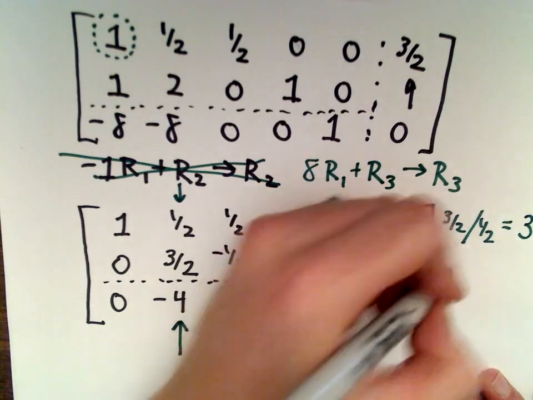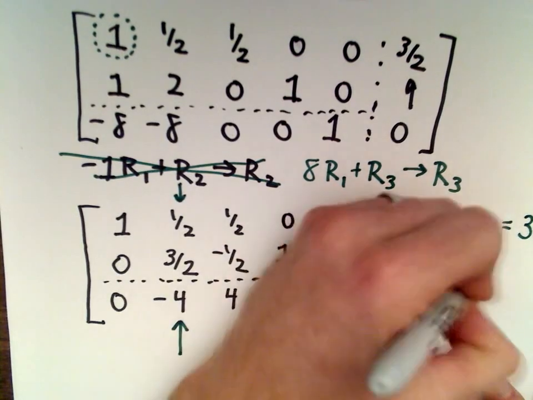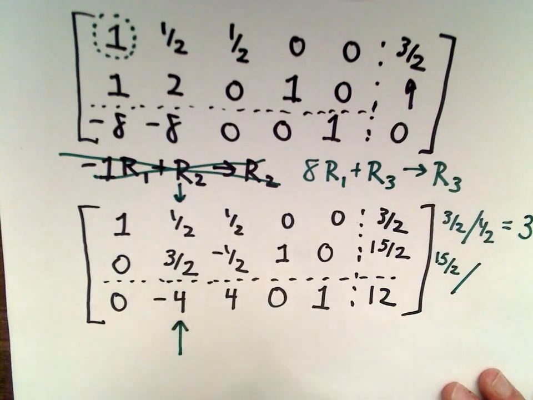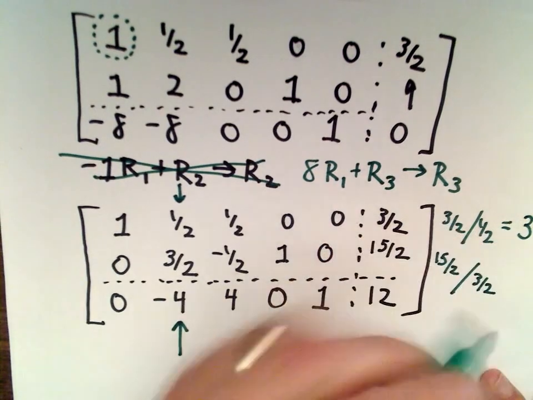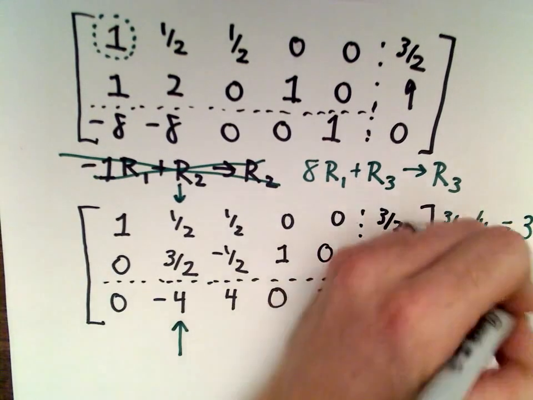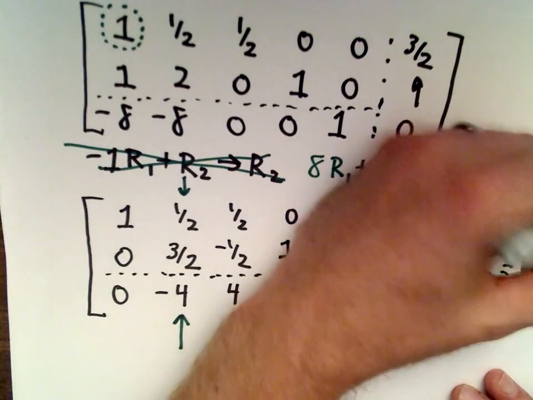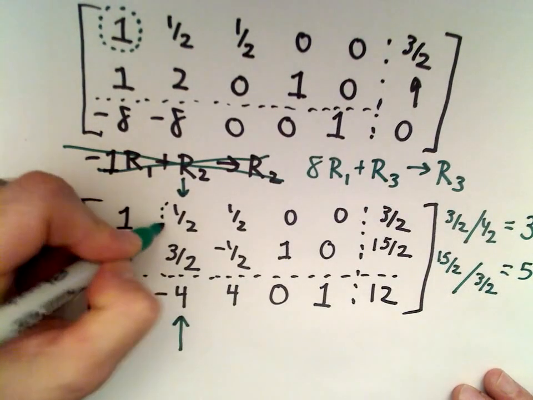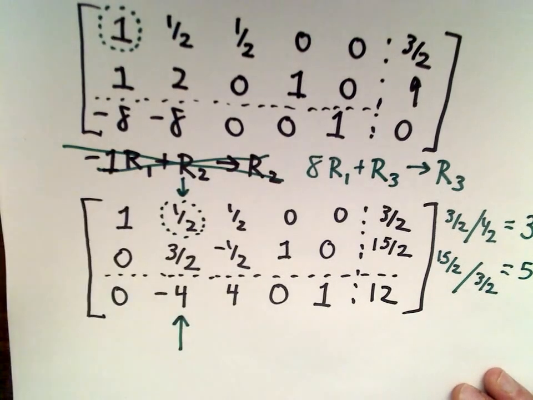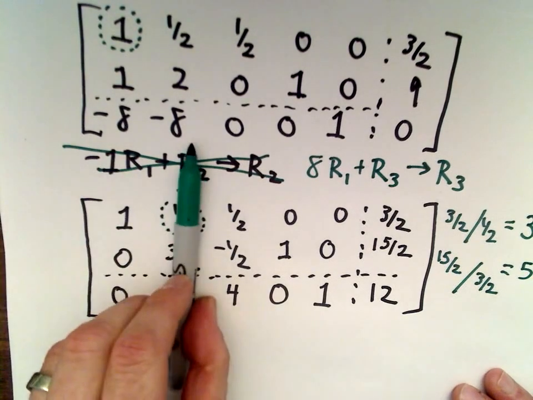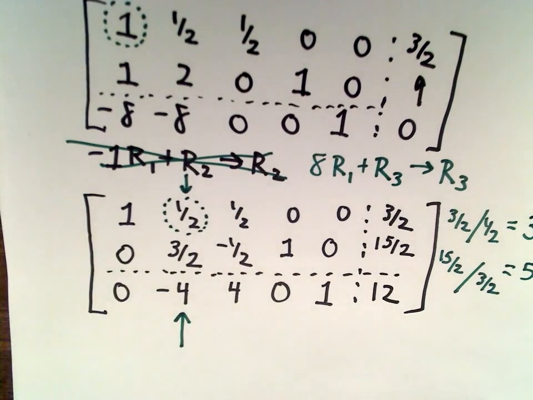Then I take 15/2 and divide that by 3/2. That's going to leave me with 15 divided by 3, or 5. Well, 3 is the smaller number, so my first row, second column, that's going to be my pivot element.